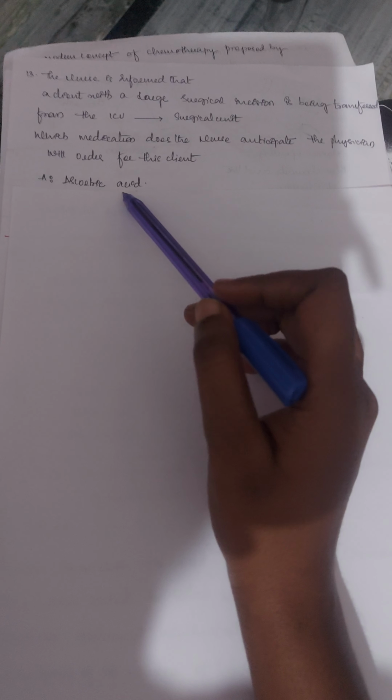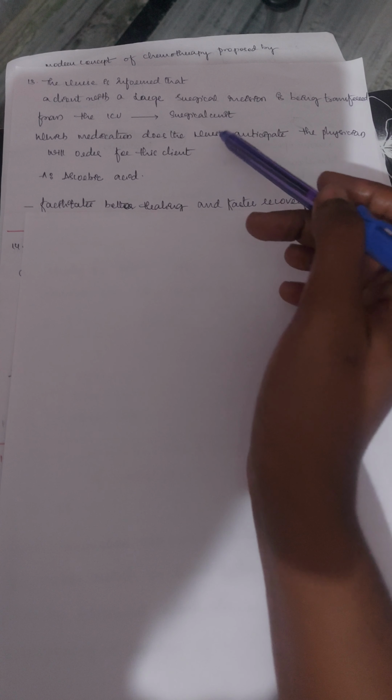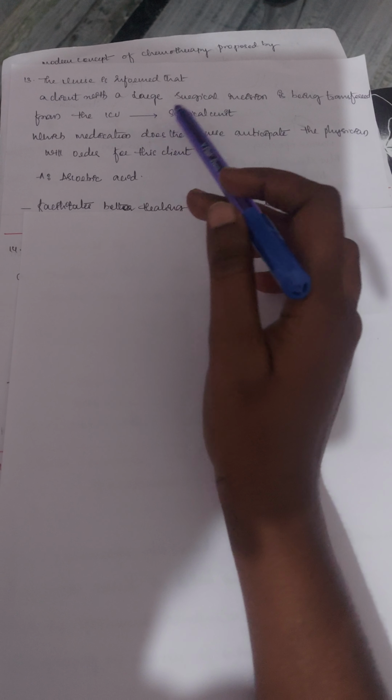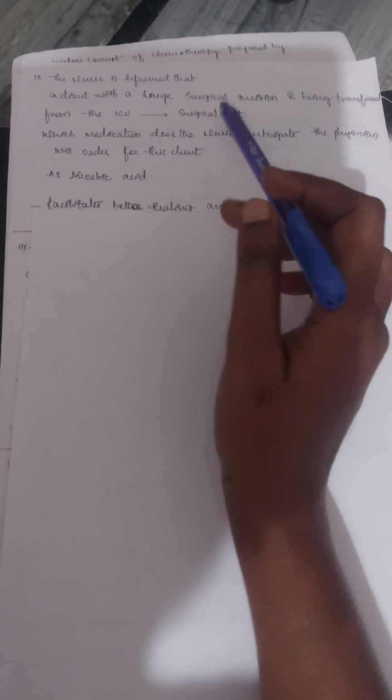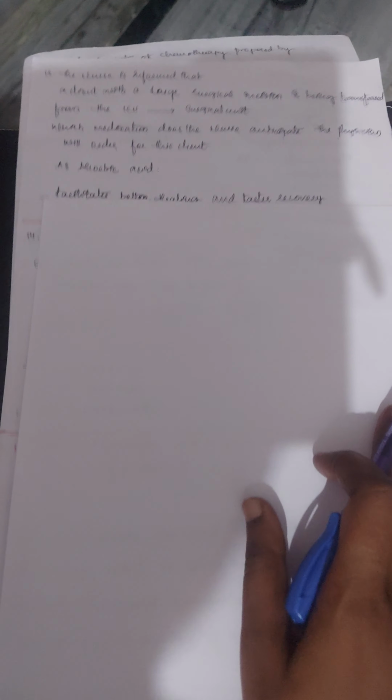The answer is ascorbic acid, the vitamin C tablet, because it facilitates better healing and faster recovery. Here there is a large surgical incision, so for better healing, the physician is likely to prescribe ascorbic acid.